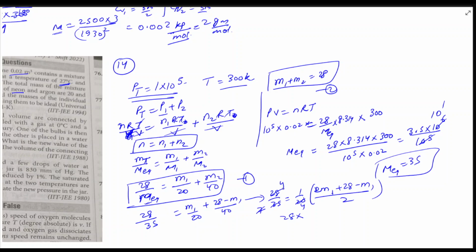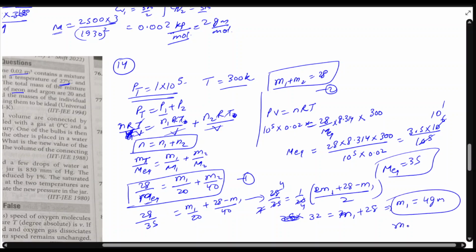And this is 4. So it will be 16 into 2. So 16 into 2 will be 32, will be equal to 2 m1 minus m1. So it will be m1 plus 28. So we will have m1 will be 4 grams and m2 will be 24 grams.